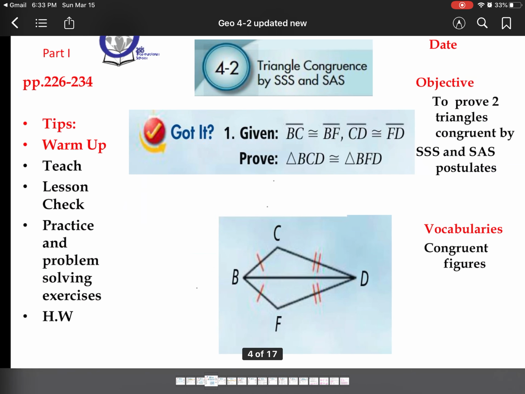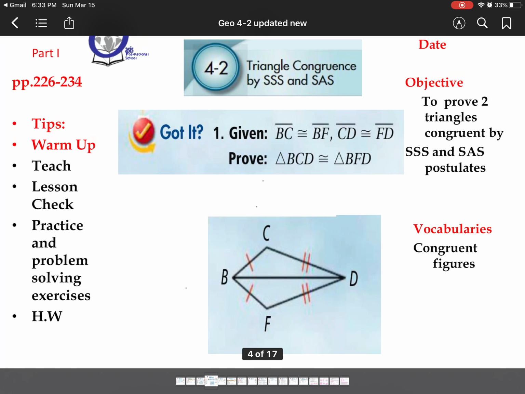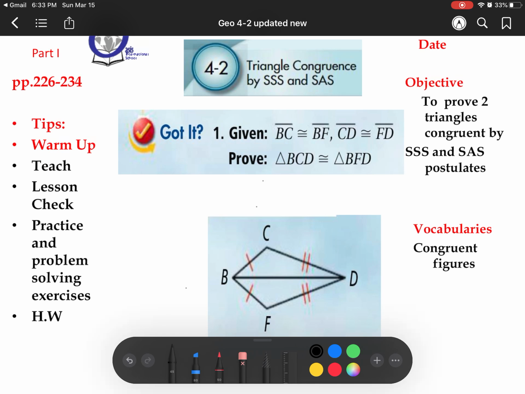Let's check our understanding. First, if I look at the figure, he gave me CB, or BC as written in the question, is congruent to BF. We'll write the reason after. This is the first side pair.